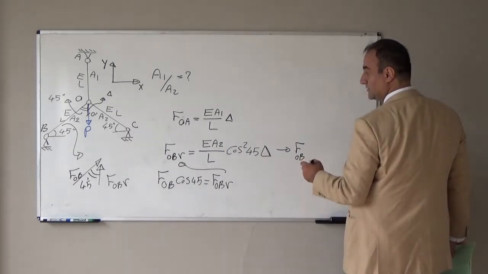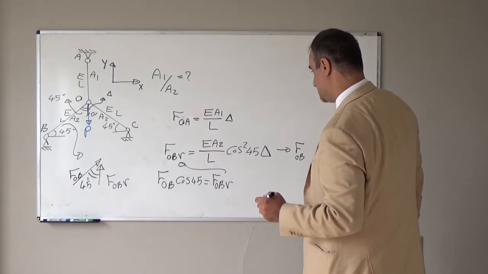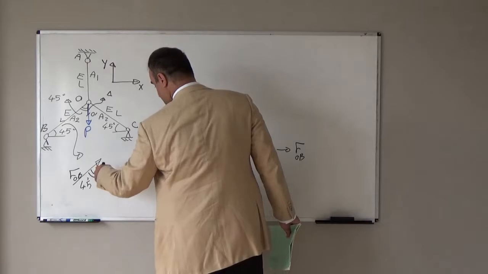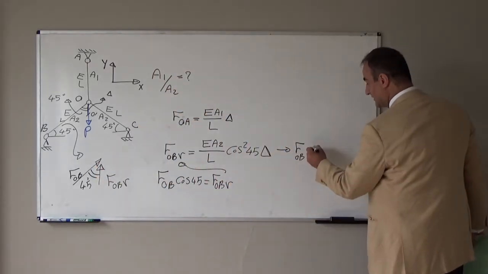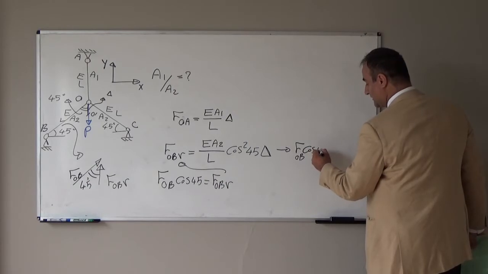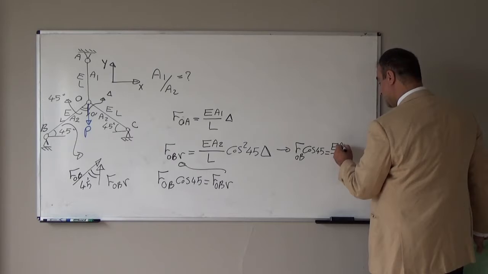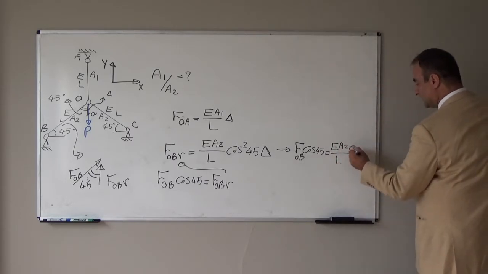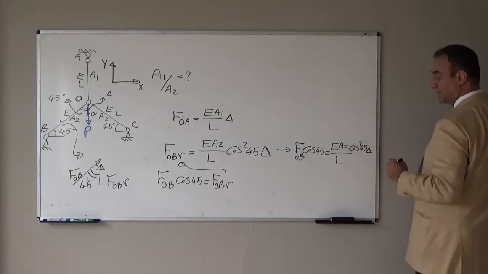Let's see, everything is right. Yes, FOB cosine 45 is equal to EA2 over L cosine square 45 times delta.